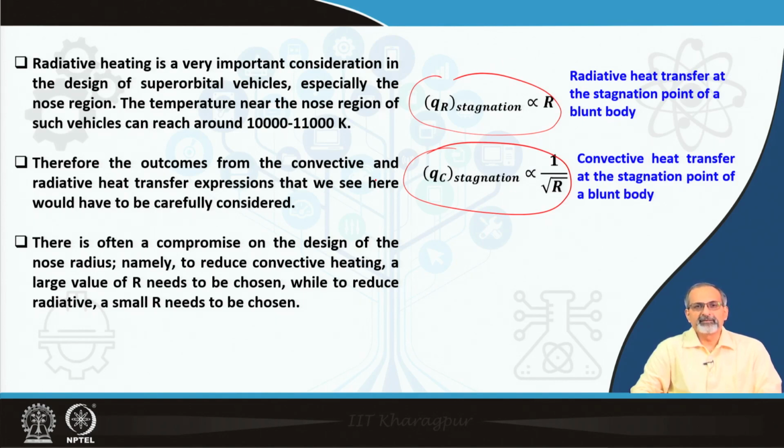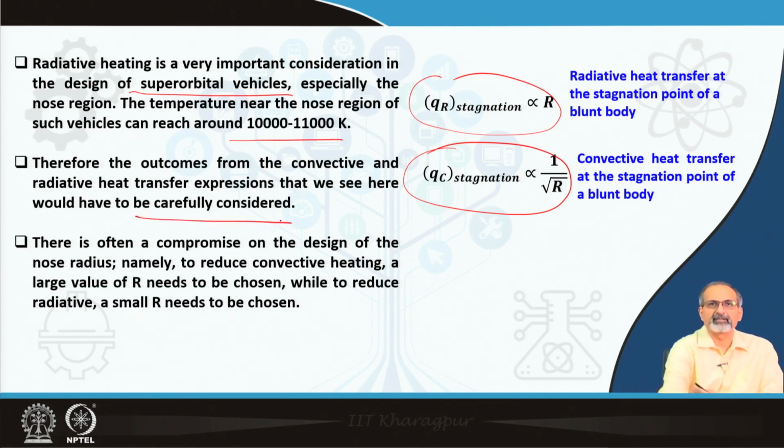And since radiative heating is a very important consideration in the design of suborbital vehicles, especially in the nose region, where the temperatures are expected to reach about 10,000, 11,000 Kelvin, radiation has to be given enormous importance. Therefore, the outcomes from the convective and radiative heat transfer expressions that we see here would have to be carefully considered.